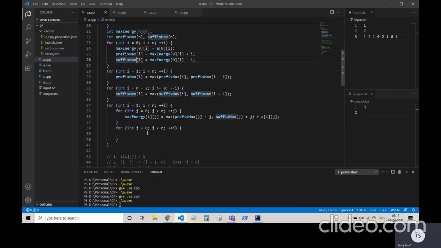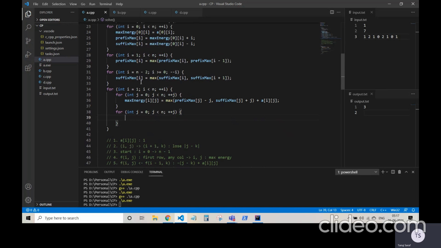Instead of that, I have maintained them as a single one-dimensional array, and after calculating the value of each row, I update the prefix maximum and suffix maximum arrays, and therefore in the next iteration when I am calculating the value of I plus 1, the prefix max and suffix max arrays would be storing the values of the previous row. So I hope there is no confusion with this implementation, right?